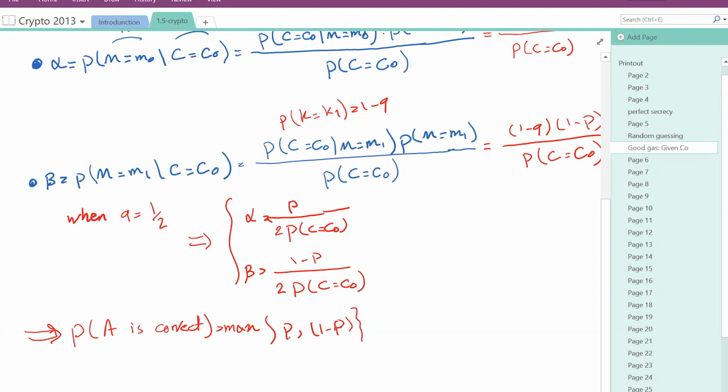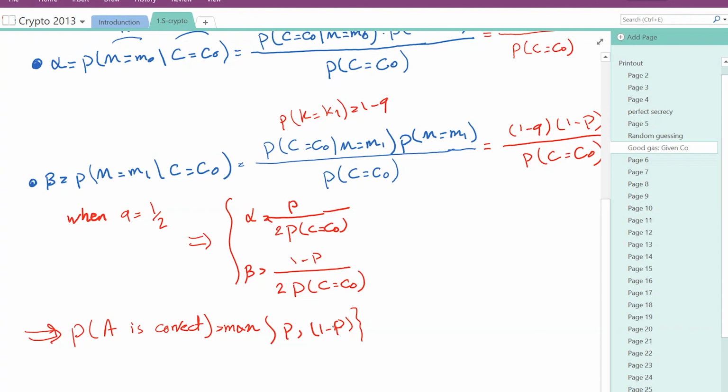If P is larger than 1/2, it means that M0 is chosen more often than M1, so the adversary would just always answer M0. Otherwise, the adversary would answer M1.